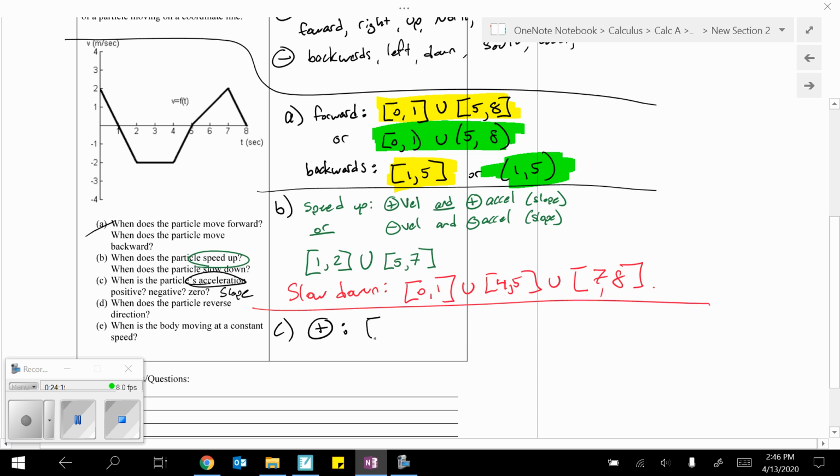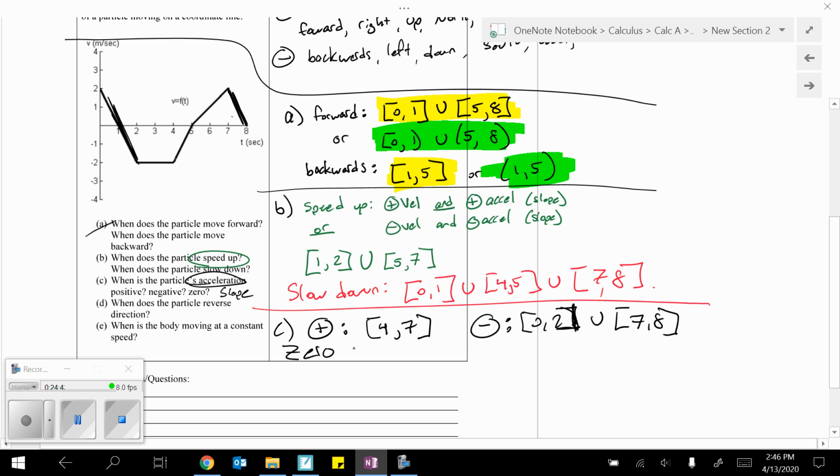That was these two areas, right? We have a negative slope from 0 to 2, and again from 7 to 8. And then we have 0 slope for this flat region here. It looks like 2 to 4.